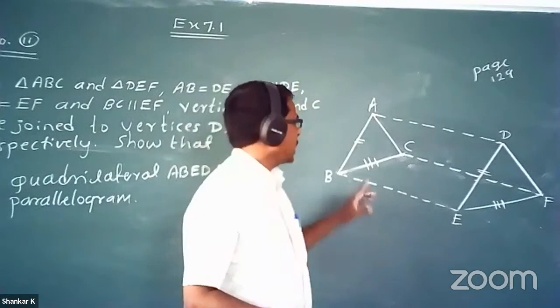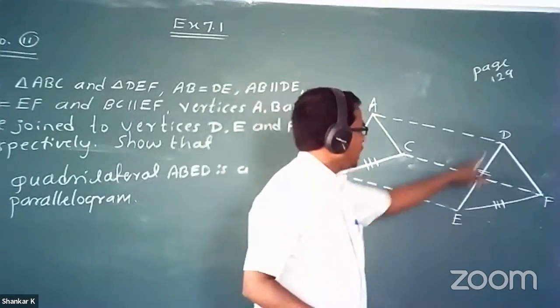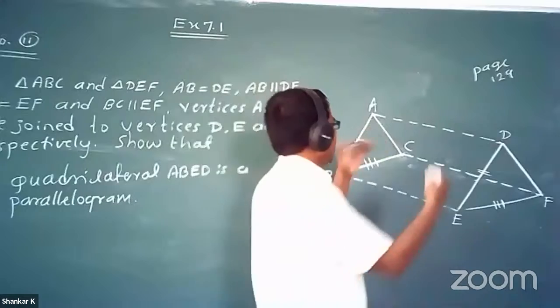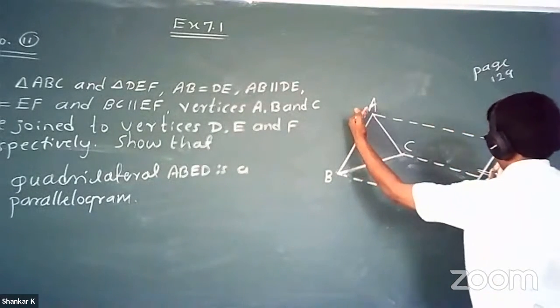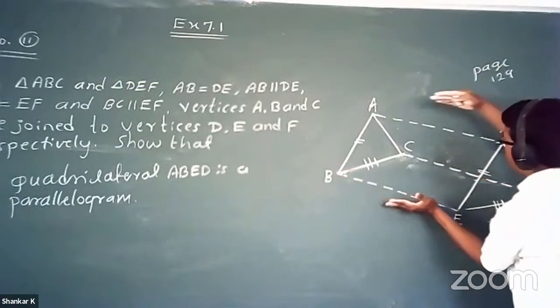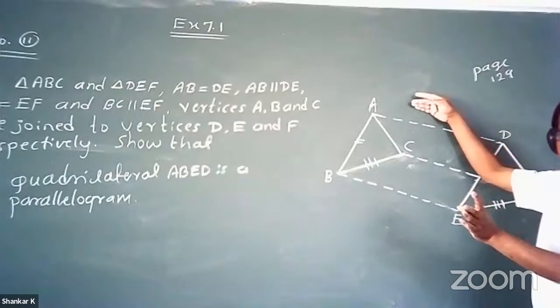For example, here A, B, E, D is there. If AB is parallel to DE and BE is parallel to AD, then it is a parallelogram. Okay, that is the definition.